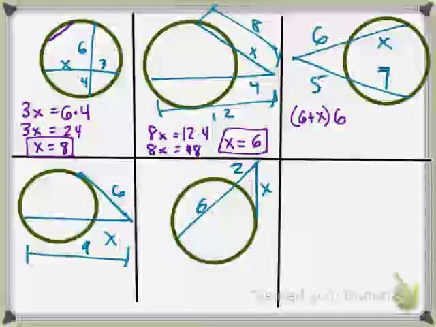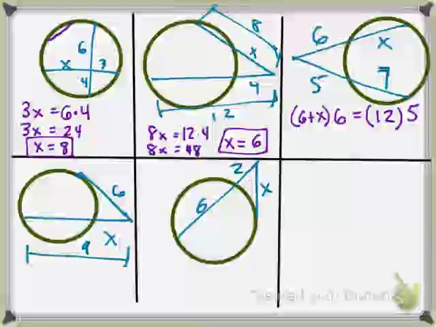Okay? So for a secant, you need to do the whole thing. So if you know the two pieces, you have to add them up to get the whole thing times the outside. On the bottom, what would the whole thing be? 5 plus 7, which is 12. And then times 5. Okay? So when you know the pieces of a secant, you have to do the whole thing. So you have to add up those pieces times just the outside portion.